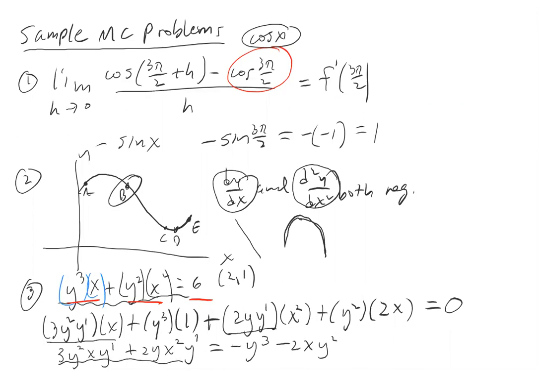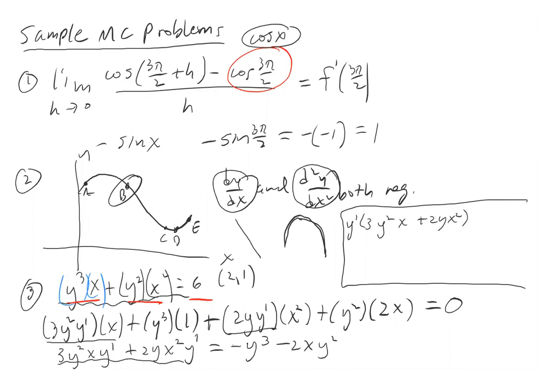From the left side of the equation, factor out a y prime, and you get 3y squared x plus 2yx squared, and that's equal to negative y cubed minus 2xy squared. Then all you have to do to solve for y prime is divide. So you get negative y cubed minus 2xy squared all over 3y squared x plus 2yx squared.